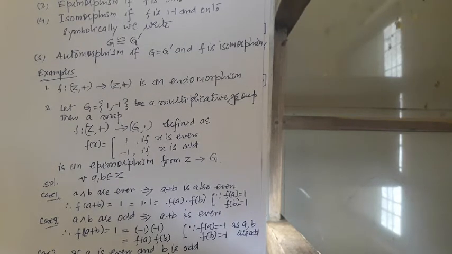Second example, let G equal the set containing 1 and minus 1, a multiplicative group.